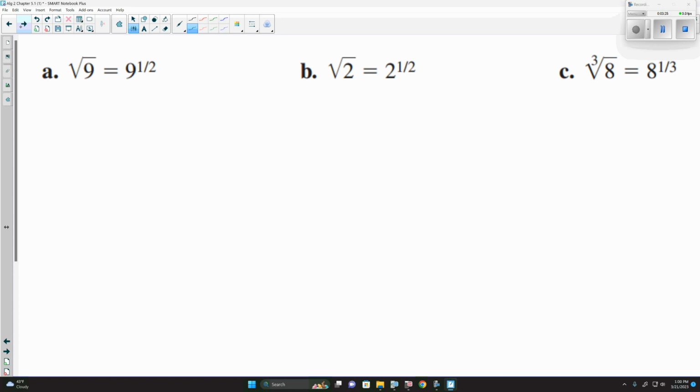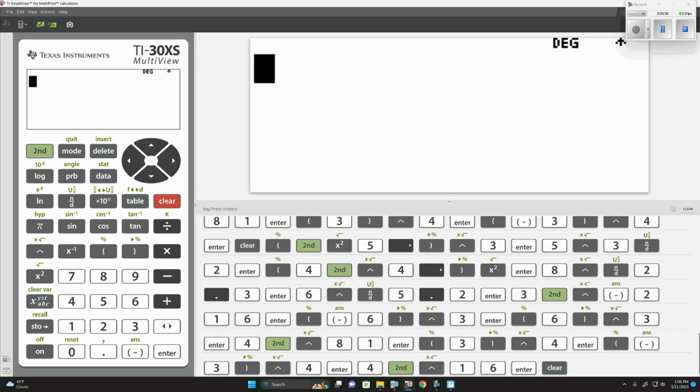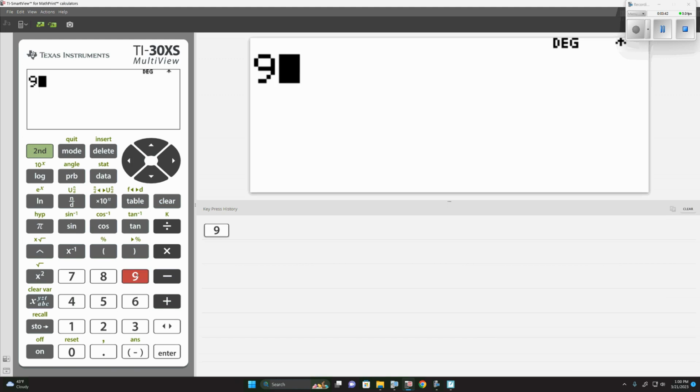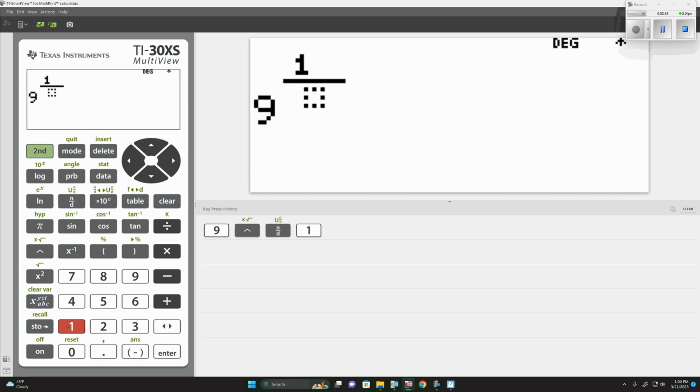Now, if we look at these first few here, the square root of 9 and 9 to the 1/2. Well, we know what the square root of 9 is. Square root of 9 is 3. Now, 9 to the 1/2, we can do this in the calculator. 9 to the 1/2 is 3.